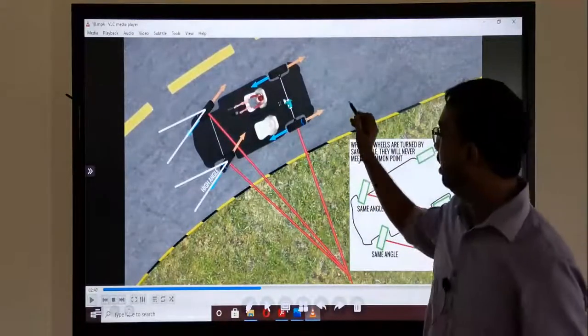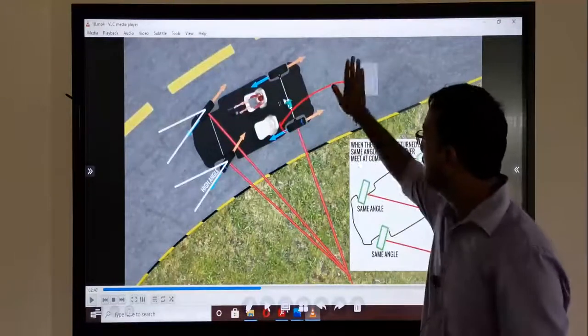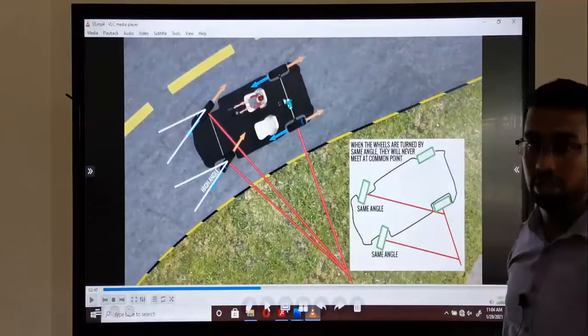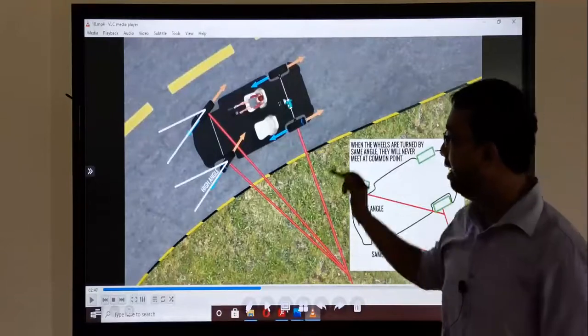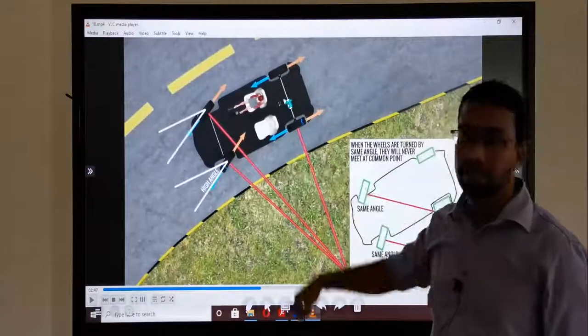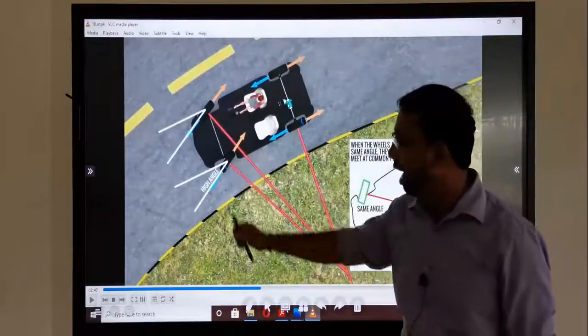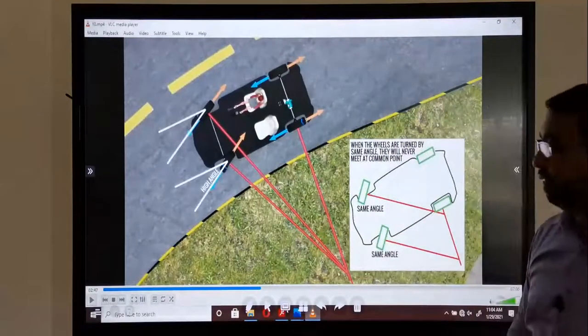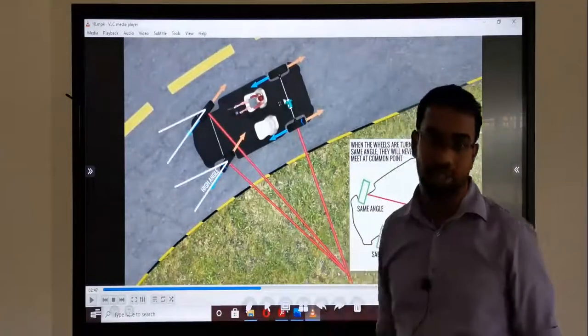That means when it's turned like this, on the inner side, the turning angle of the inner wheel is higher than the outer wheel.